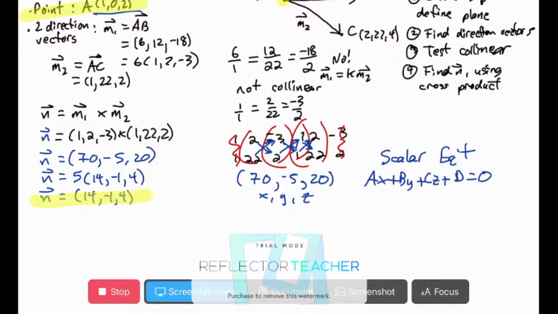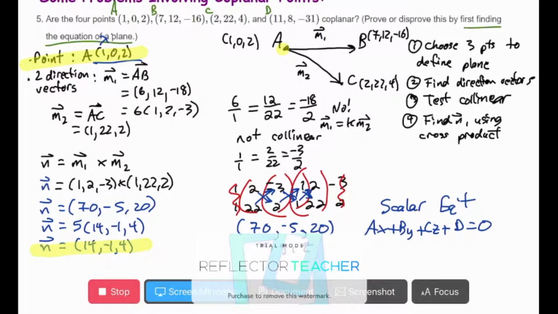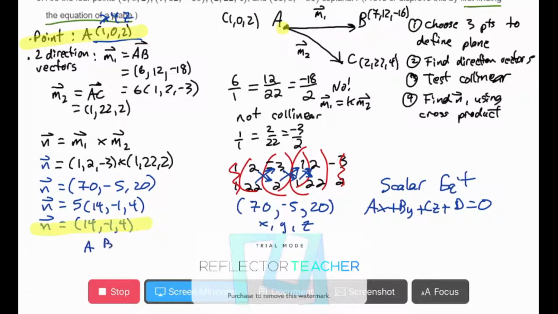Let's try this again. So this is my x, y, z. This is my a, b, c. Let's plug these values in. A is 14, x is 1, plus b is negative 1, plus y is 0, plus c is 4, plus z times z is 2, plus d. So we're doing this to solve for d, and we get 14 plus 0 plus 8 plus d equals 0.